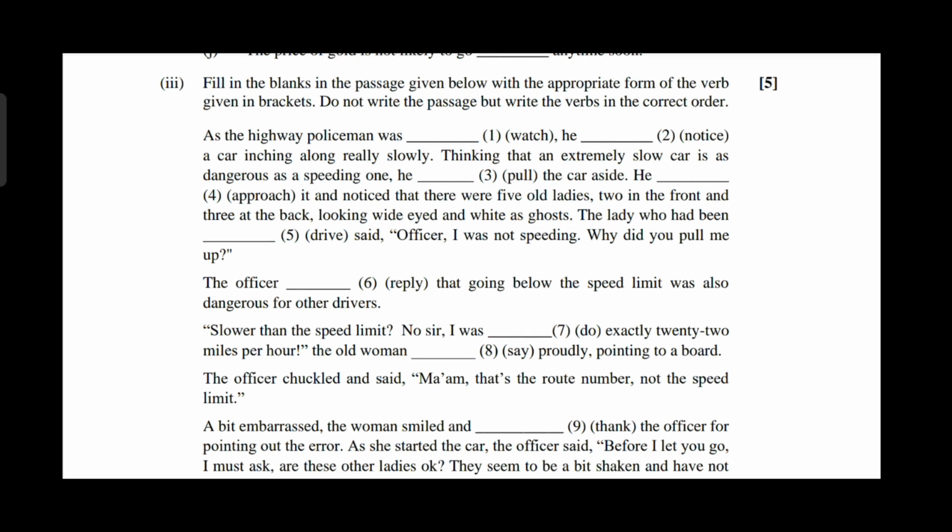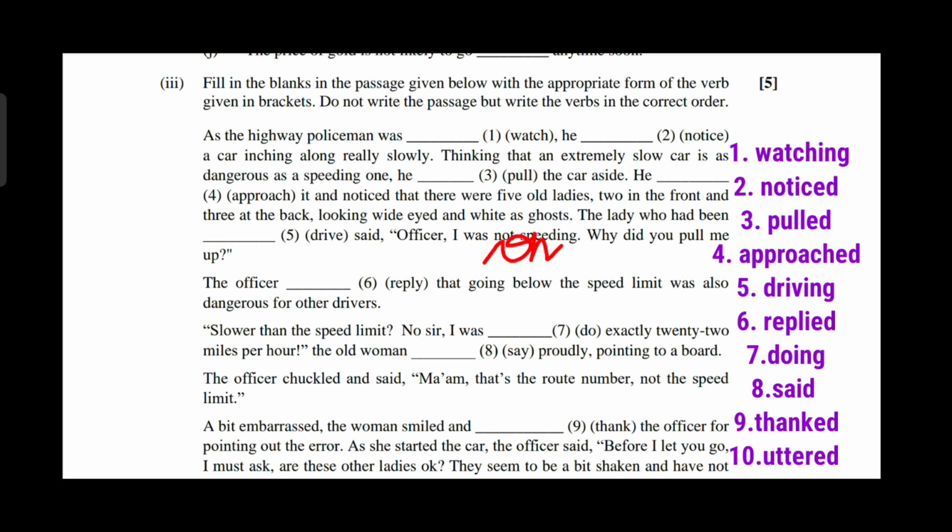As the highway policeman was, a hint has been given, was, watch. As the highway policeman was watching, he noticed a car inching along really slowly. Thinking that an extremely slow car is as dangerous as a speeding one, he pulled the car aside.